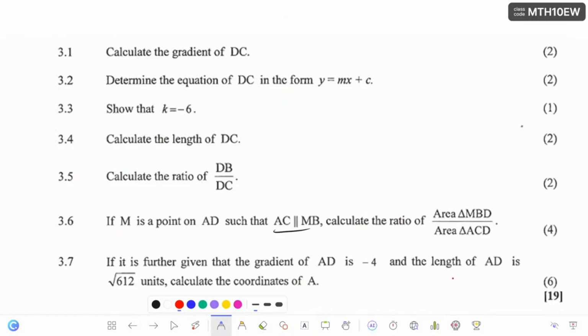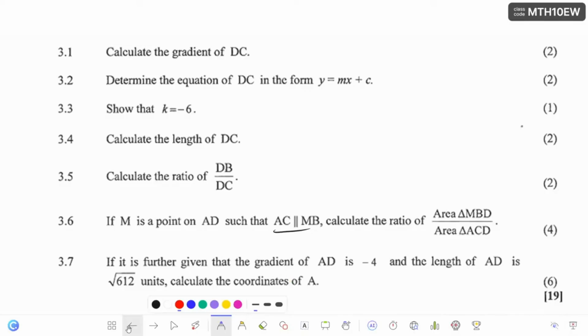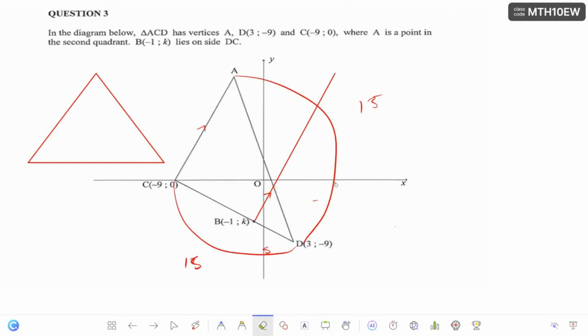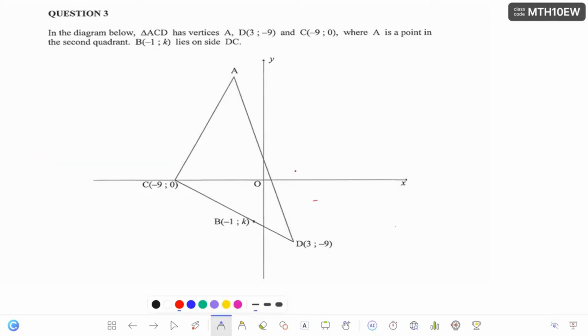So the last question, they said, if it is further given that the gradient of AD is -4 and the length of AD is the square root of 612 units, calculate the coordinate of A. So now we are given that, let me erase this, this length AD, the gradient of this length is -4.